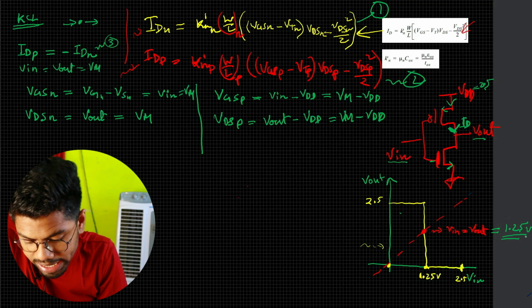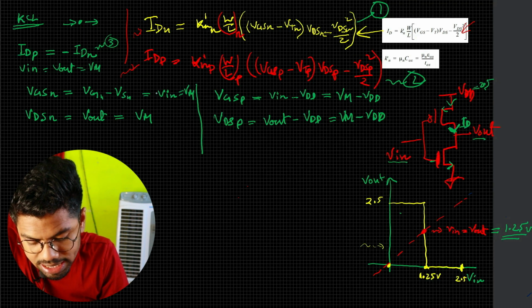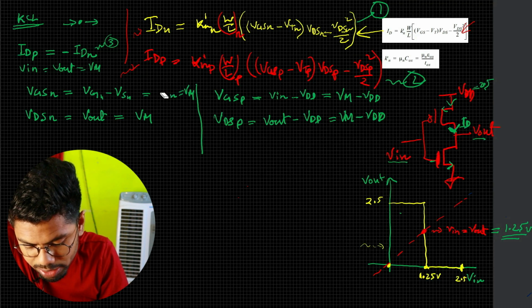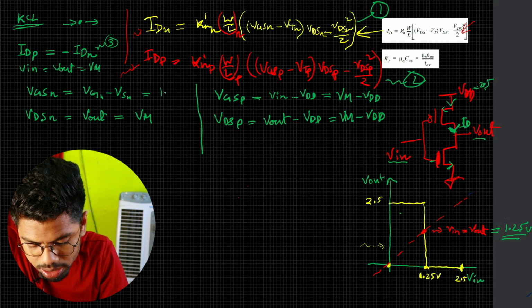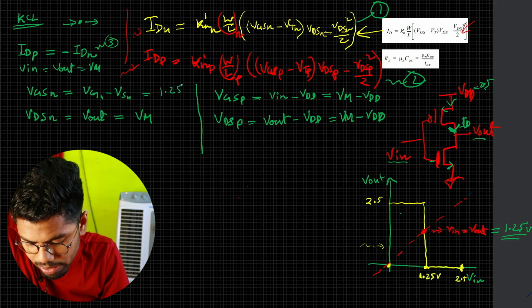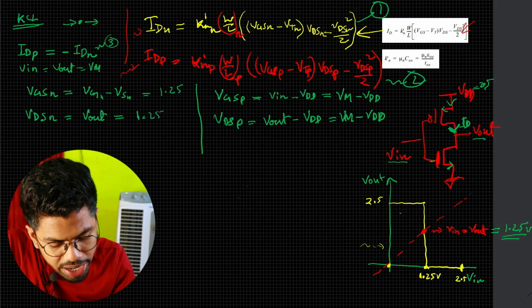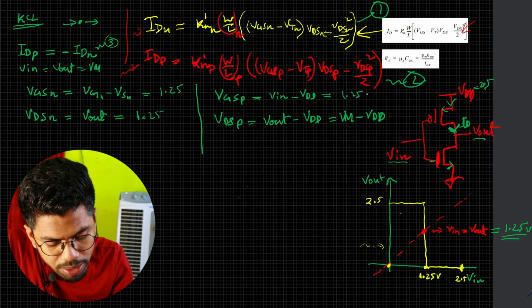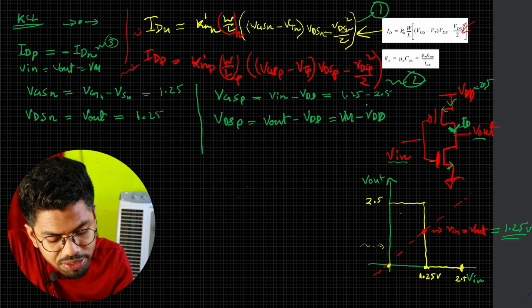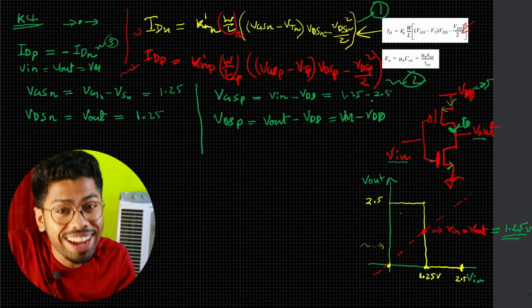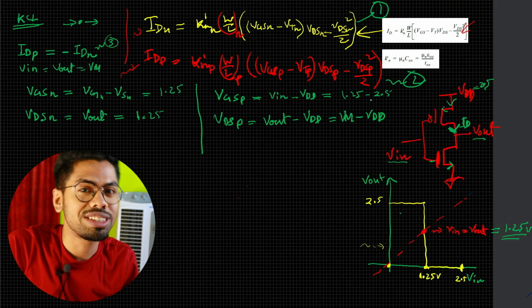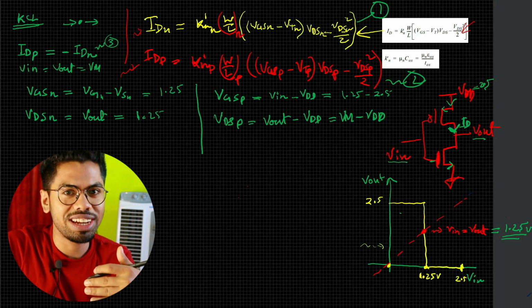So I can again simplify this, and I can directly write here VGS is nothing but your 1.25 volt. Your VDSN is again 1.25 volt. Here I can easily write it is your 1.25 minus VDD, so 2.5 volt. And you can see from here it will be negative. And for your PMOS, VGS is always negative.